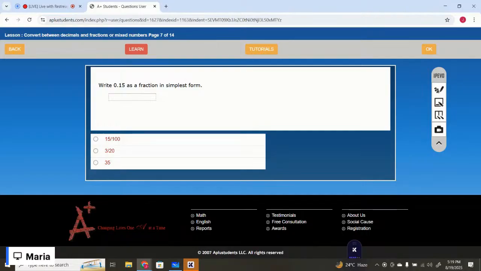Write 0.15 as a fraction in simplest form. That is 15 over 100. Option number 1 is the correct option.